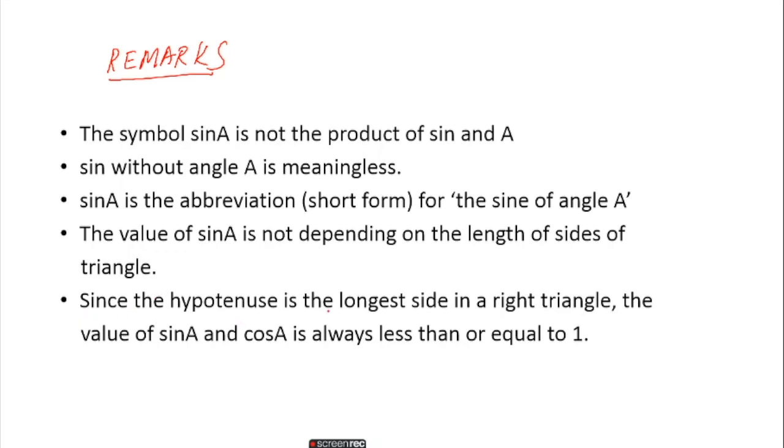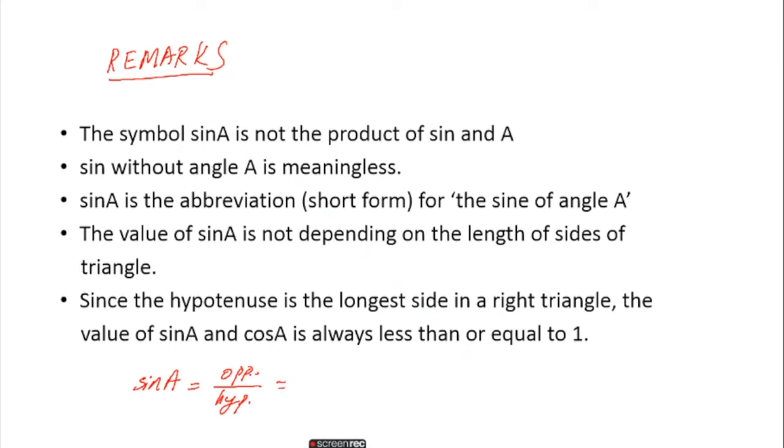Since the hypotenuse is the longest side in a right triangle, the value of sin A and cos A is always less than 1 or maximum equal to 1. Because you know sin A is equal to opposite side by hypotenuse, and hypotenuse is always longer than the opposite side.